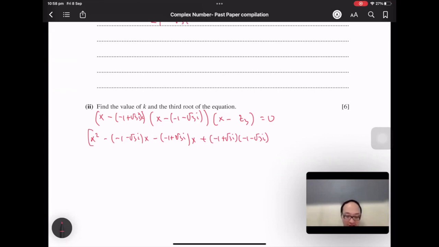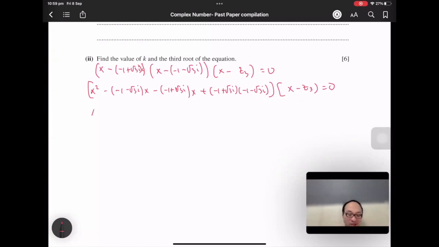And all of this is multiplied by x minus the third root. So we simplify this one first, x squared minus 1x minus 1x, so this is minus 2x, plus root 3i minus root 3i. So okay, we can cancel the root 3i.